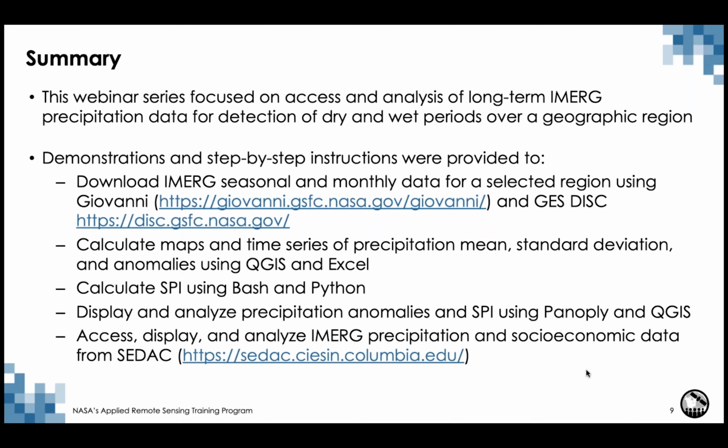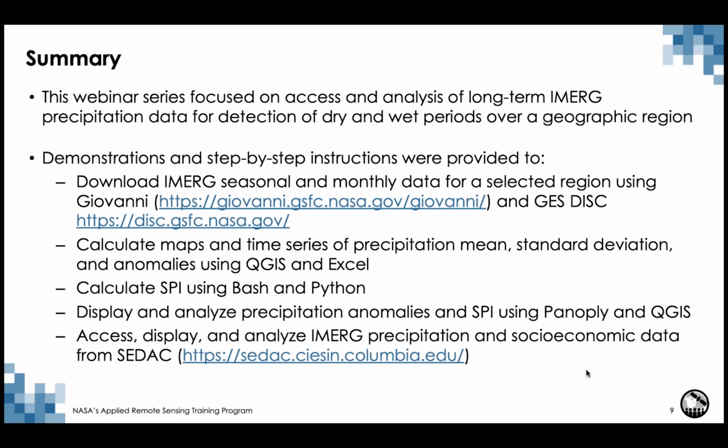We focused on dry and wet periods using anomalies, also using SPI, for selected case studies like Texas and Mozambique. The demonstrations included step-by-step instructions on how to download seasonal and monthly IMERG data from Giovanni and also from GES DISC.